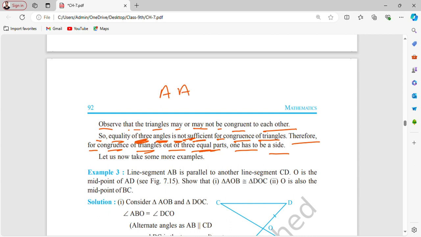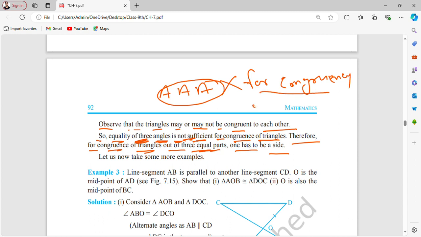This rule does not exist for the congruency of triangles. The possibilities are two angles and one side, or two sides and one angle.